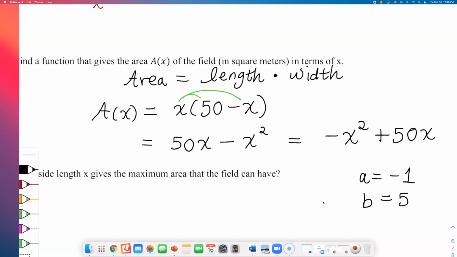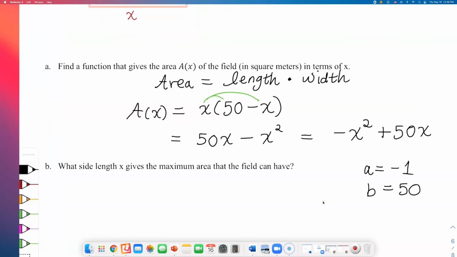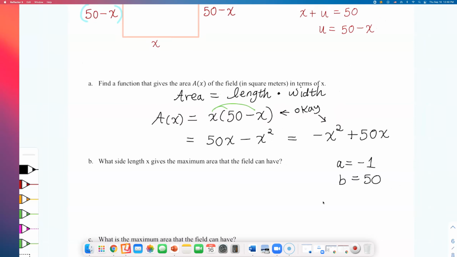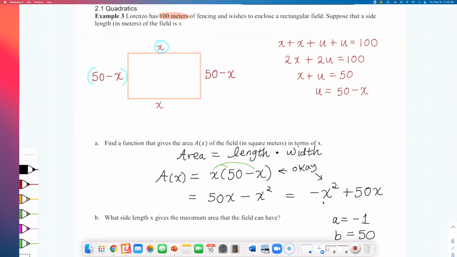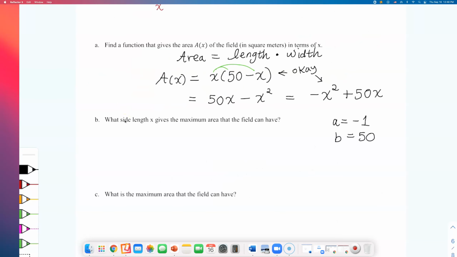I'm just thinking ahead, okay? Because a and b will be very useful if we ever need to find the vertex, right? So both are okay forms of the equation. But just remember, a rectangle's area is length times width. That's why we did x times 50 minus x. Now, what do they want for part B?